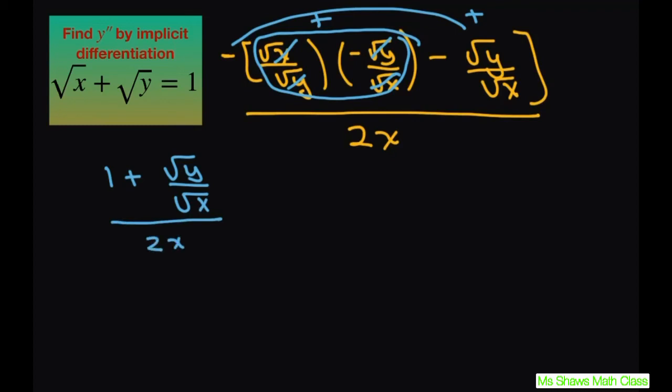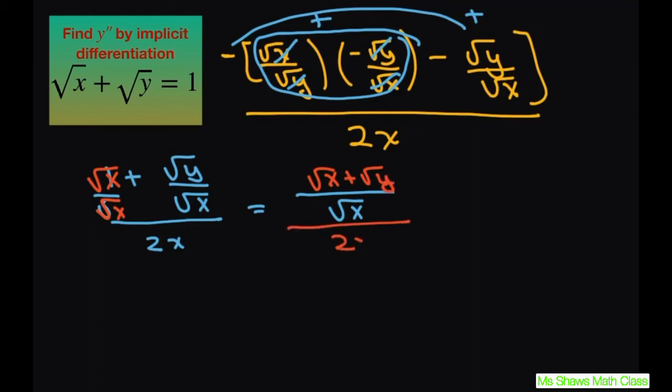Now I need the same denominator, so if I need a square root of x here, I also have to put a square root of x here. So this is going to be square root of x plus square root of y, all over 2x.